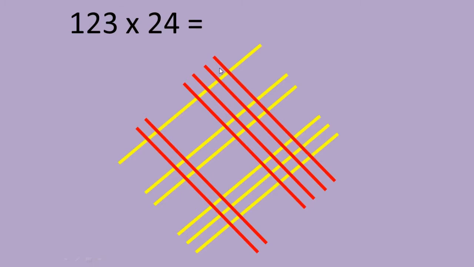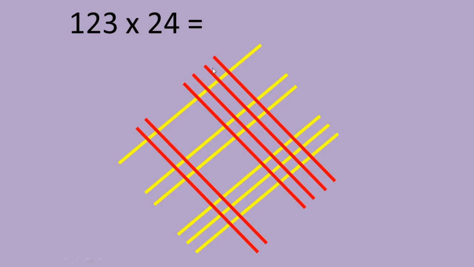Now, at this point, we're going to divide all the intersecting lines vertically, but be careful in dividing it vertically.